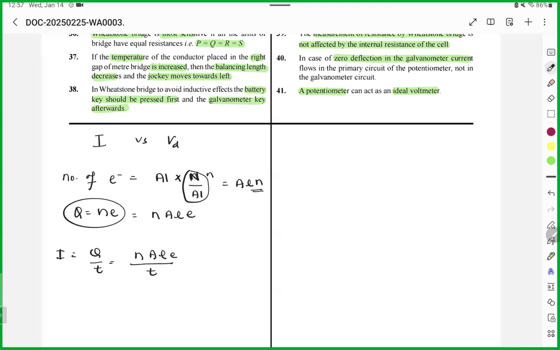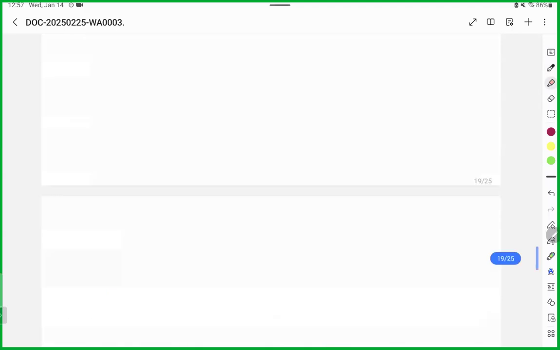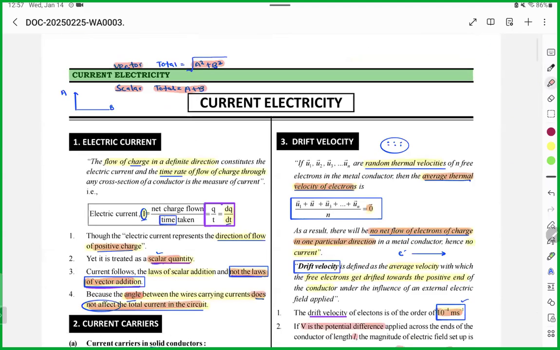And length by time is velocity. Understood? Barinder? Yes, sir. Anybody have doubt from this?